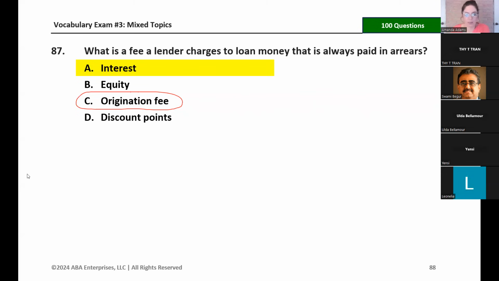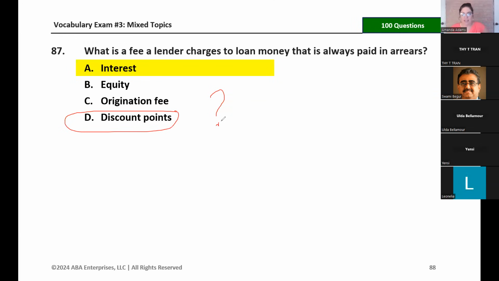Very good. Very good, Gary and Joe and Resni, Swami. Thank you. And then what are discount points? Ashley says cash paid up front to lower the interest rate.